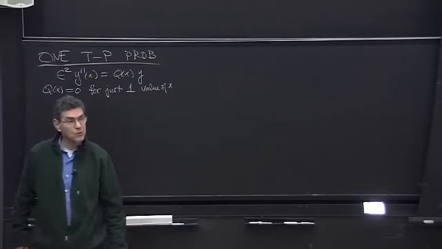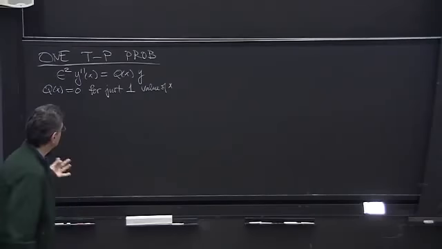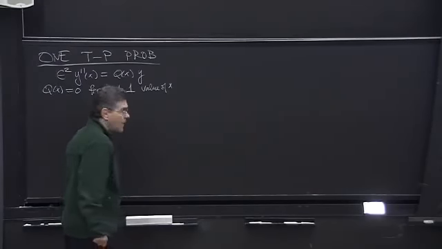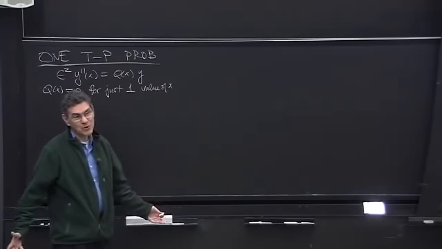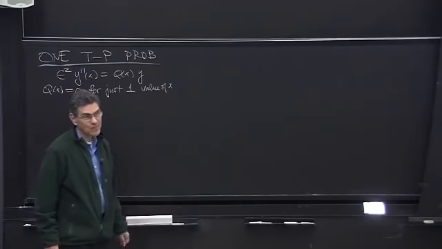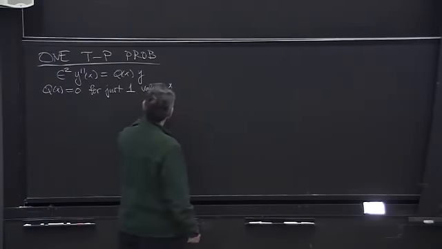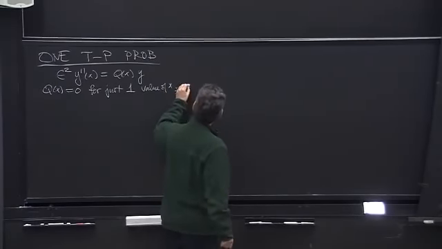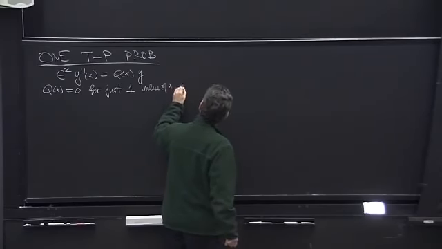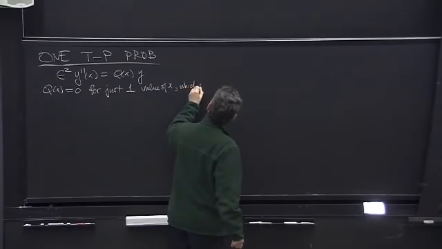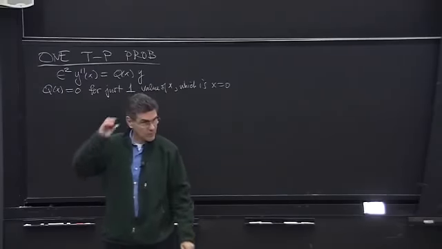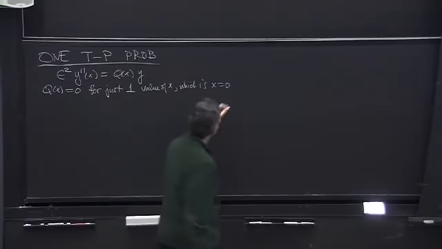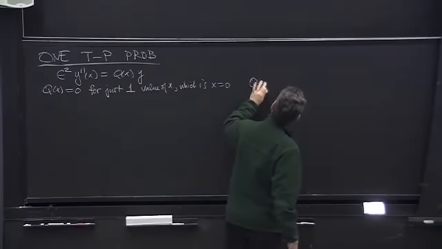There's only one root, one real value of x. And for simplicity, why not put it at 0? So we're assuming that Q of 0 is equal to 0.